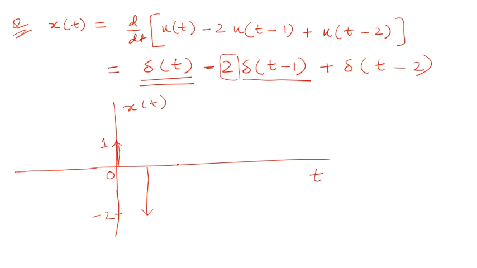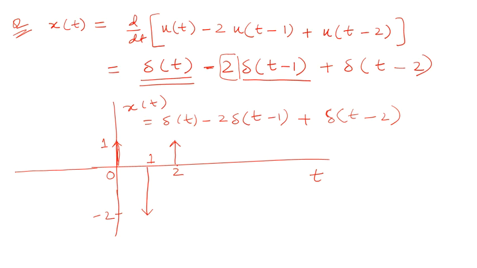So at t equals 2 there will be an impulse of amplitude 1. This is 1 and this is 2. This is your resultant signal. I hope this is now clear to you, and we will solve some more problems.